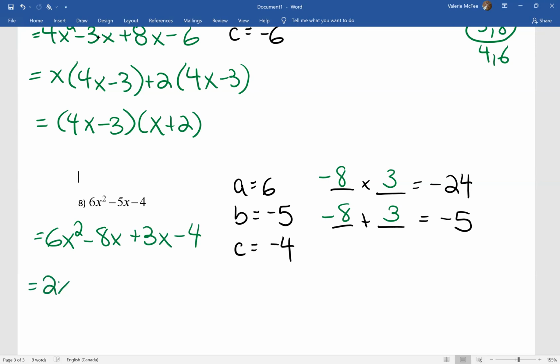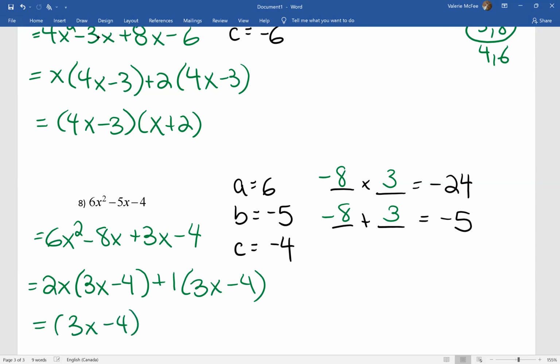Two x is common in the first two terms. Just 1, I guess. 1 is common in the last two terms. So we have 3x minus 4 times 2x plus 1.